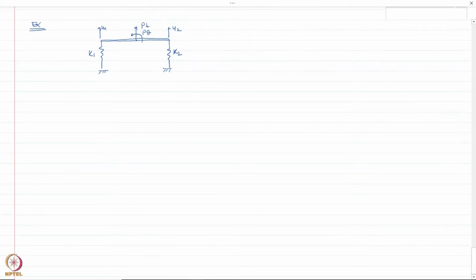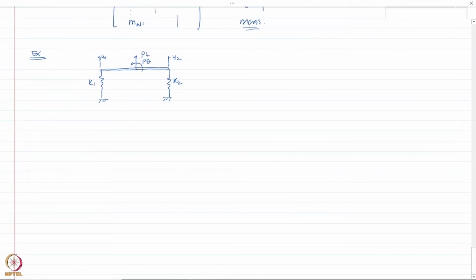So as we know, a rigid bar in 2 dimensions can be represented with 2 degrees of freedom. So let us say initially the bar was here, but at any time t, we have the degrees of freedom u1 and u2. Okay, so this is u1 here and this is u2 here.